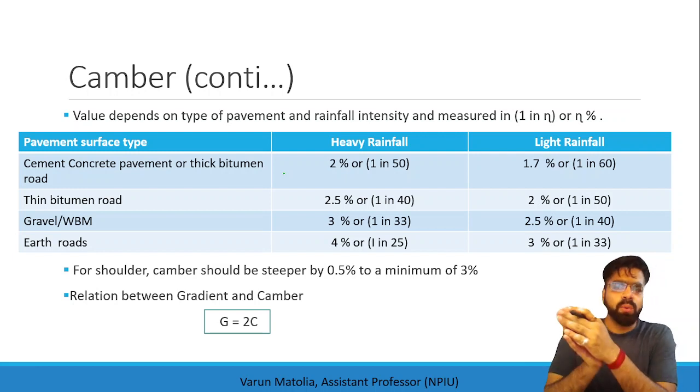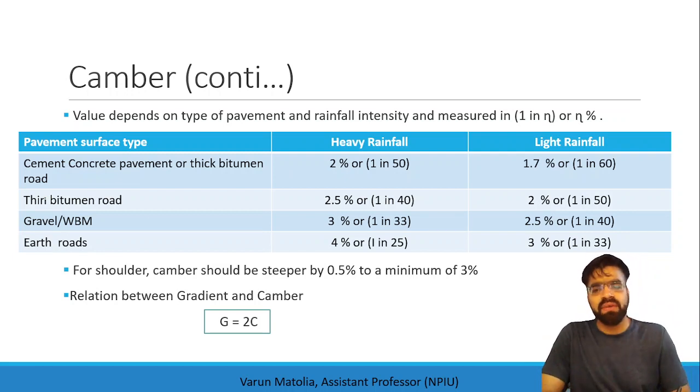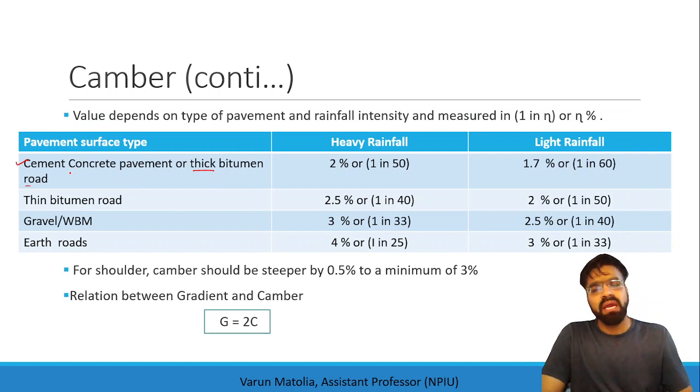More camber is not required, or the slope provided can be gentle. For example, a cement concrete road is a better quality road, or a thick bitumen road in which the pavement has fewer pores. In these types of roads, for heavy rains or light rains, 2% or 1.5% camber can be provided.